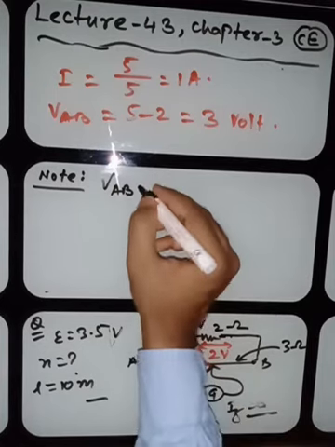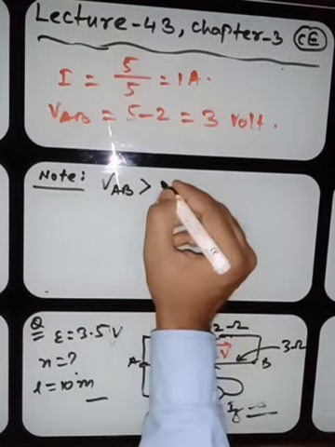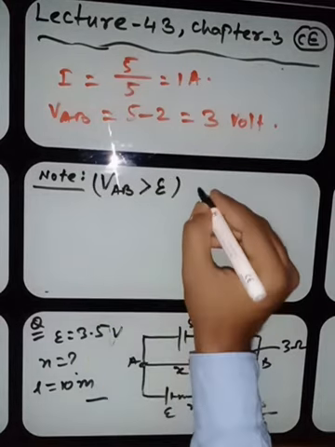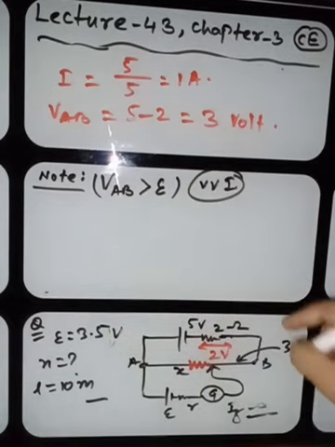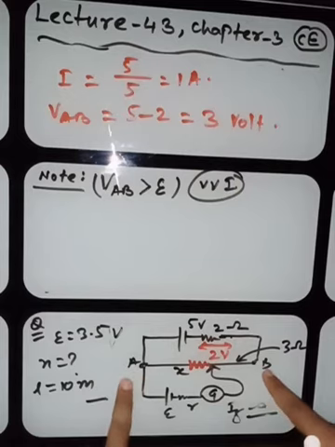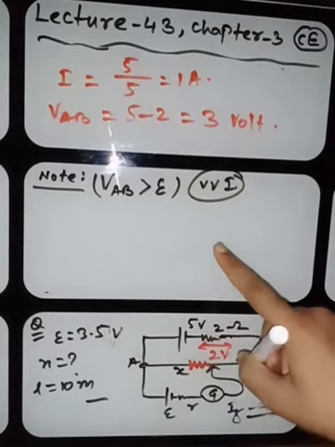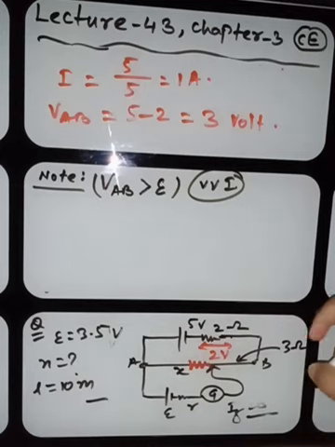So VAB should always be greater than the EMF of the cell for which you are doing the experiment. That is very, very important. Remember, my dear student, the potential drop across the ends of the potentiometer wire should be greater than the EMF of the cell for which you are doing the experiment. That's why you are not able to find the value of X here.